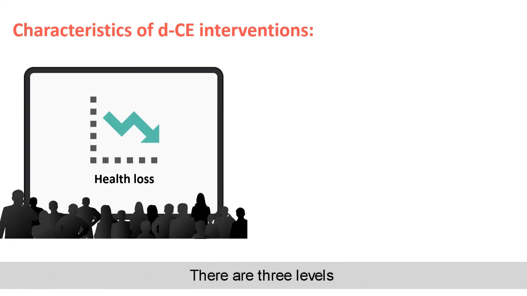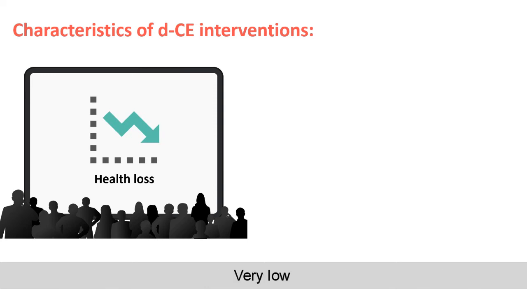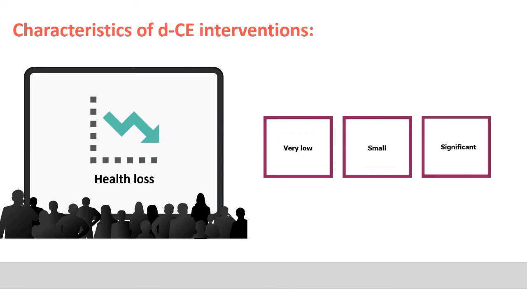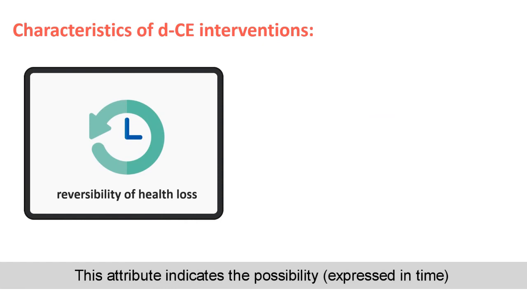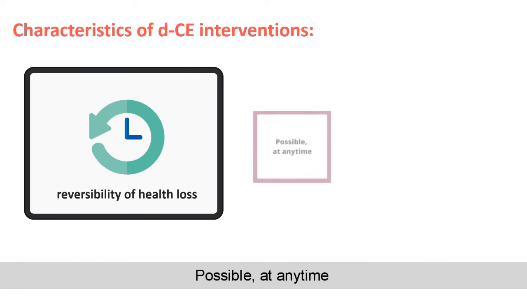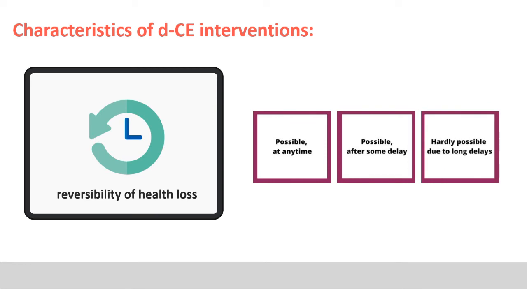There are 3 levels depending on whether patients perceive the health loss as being very low, small, or significant. Attribute 2. Reversibility of health loss. This attribute indicates the possibility, expressed in time, for patients experiencing a health loss to switch back to usual care. This attribute has 3 levels: possible at any time, possible after some delay, and hardly possible due to long delays.